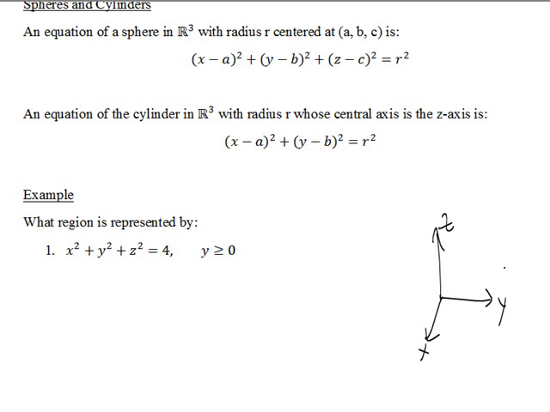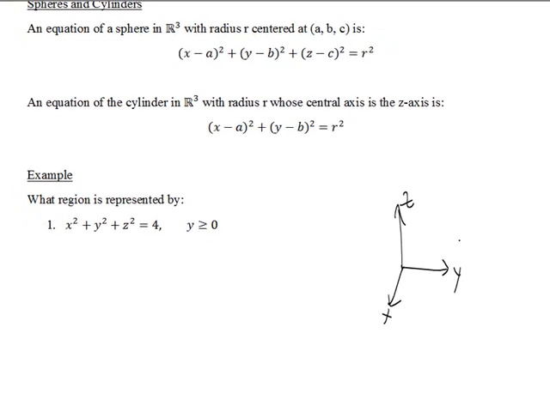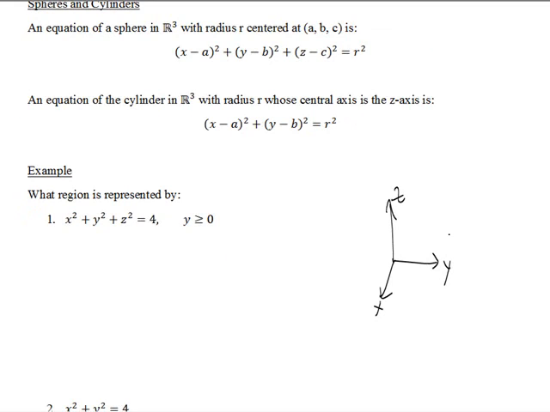Y greater than or equal to 0. Otherwise it would just be a circle. Yes, but how would you describe it? What does the y greater than or equal to 0 tell you about the sphere? Where does it lie? It lies half, we don't say circle in 3D. Our sphere is lying to the right of the XZ plane. Right? So let's write that.